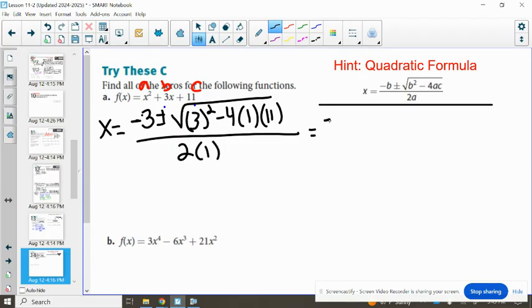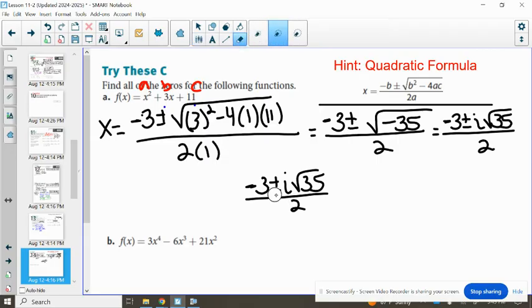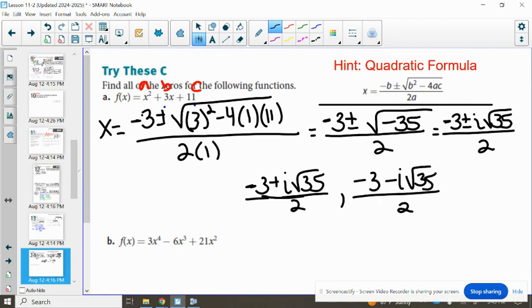Now this piece underneath the radical becomes 9 minus 4 times 11, which is negative 35, and then all over 2. And we know that then this negative piece inside here that I would move out, we would have this square root of 35 inside. So officially, we end up with 2 answers. Whatever negative 3 plus i square root 35 over 2 is, either that or negative 3 minus i square root 35 all over 2.